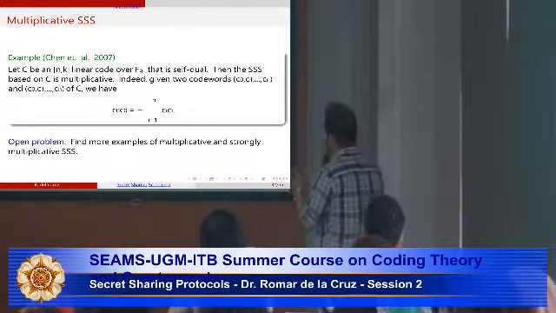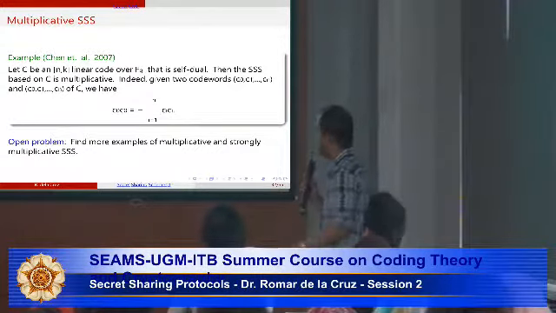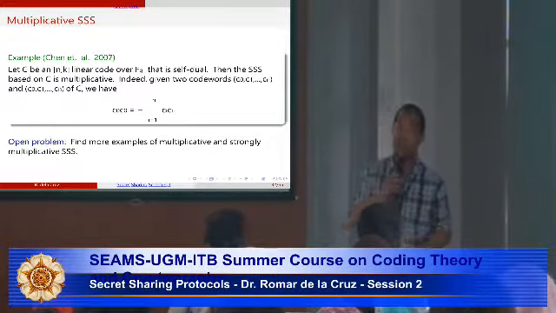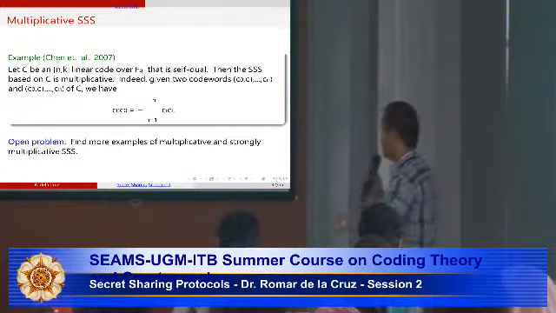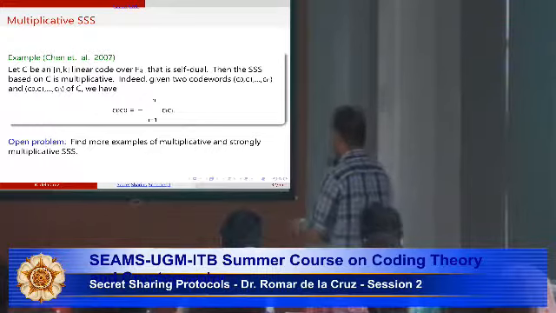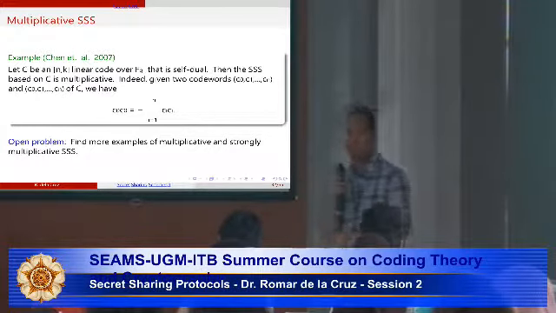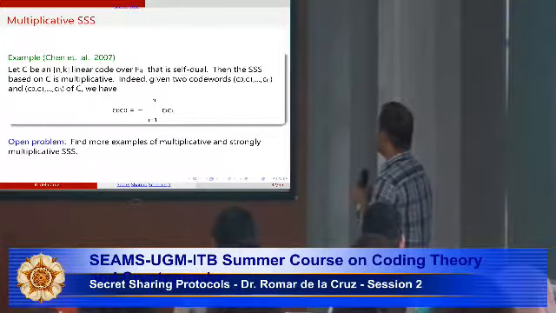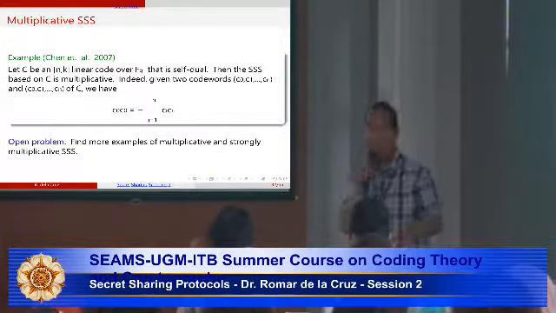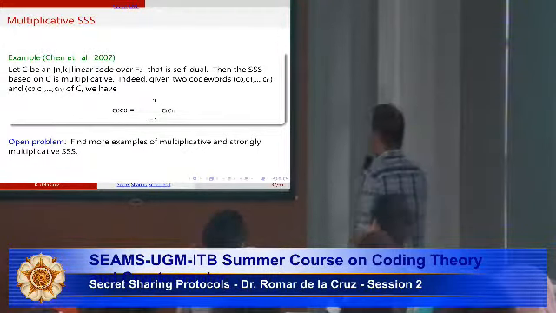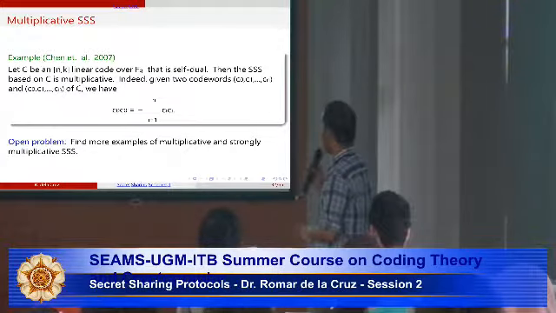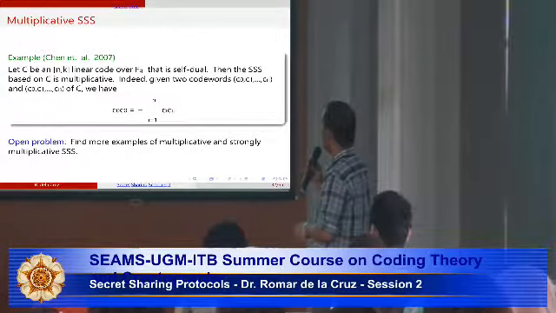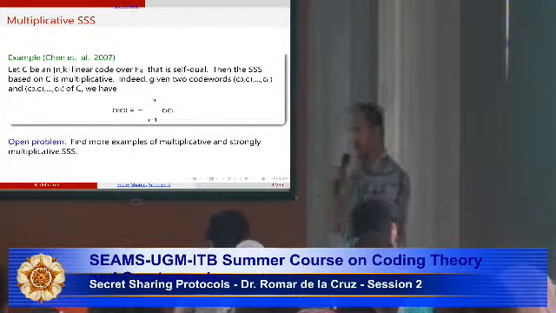Now, this concept of multiplicative and strongly multiplicative schemes is used in secure multi-party computation. So it's another cryptographic protocol. I will give an overview of this one. So what do we mean by MPC? In a secure MPC, we have n participants who want to compute a function.